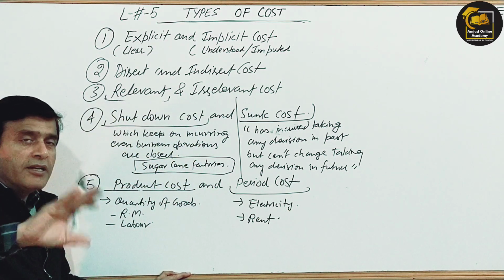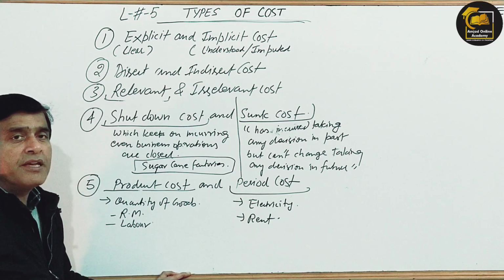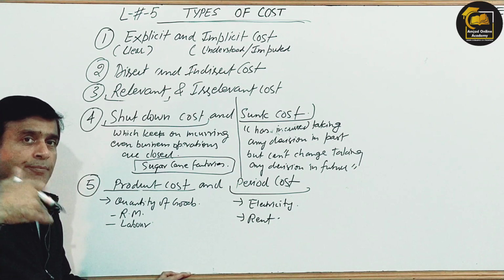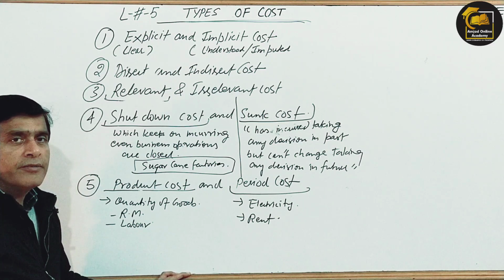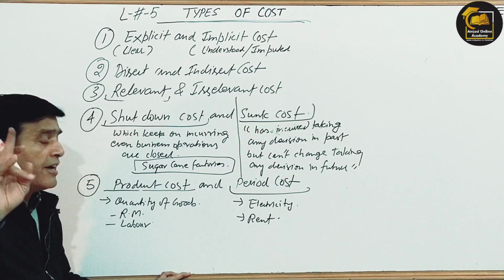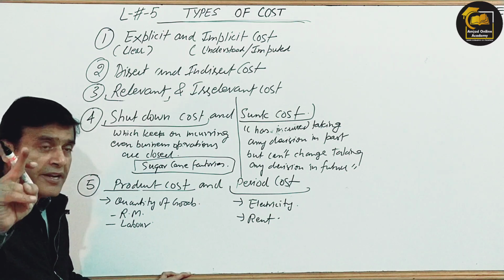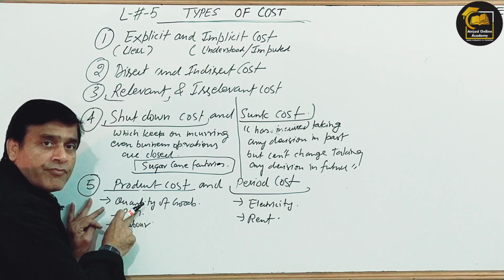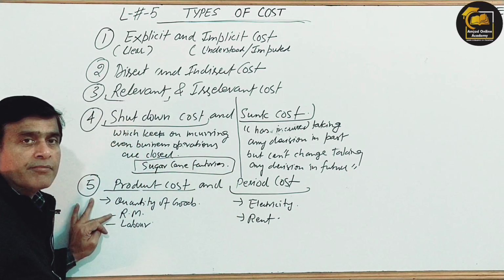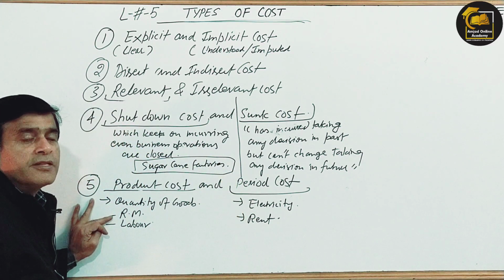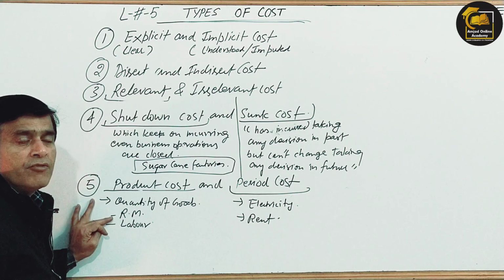In that, I hired 2 or 3 buildings, right? I am paying rent. In that, the production is going on, office work is also going on, and the sales department is also running, but I have to pay the rent. Is rent paid according to the quantity of goods? No. Rent is paid according to the time. I have to fix the time, maybe monthly, or 6 monthly, or yearly, whatever.